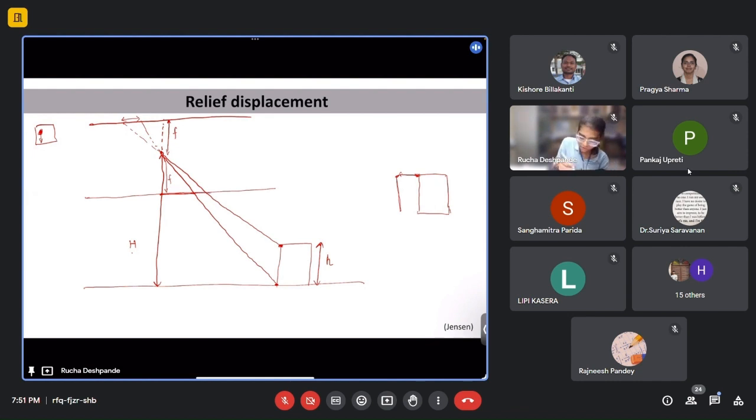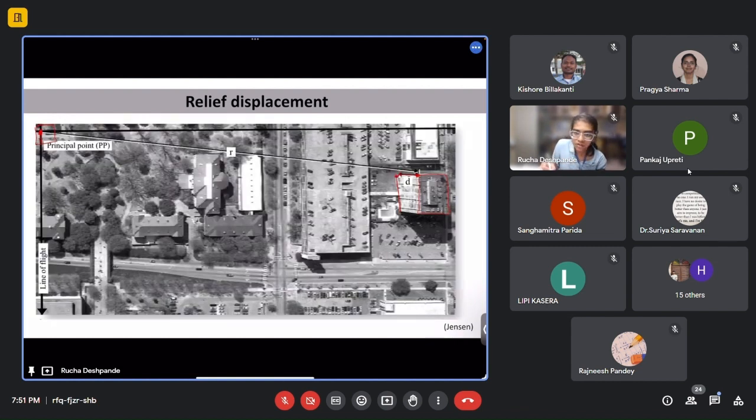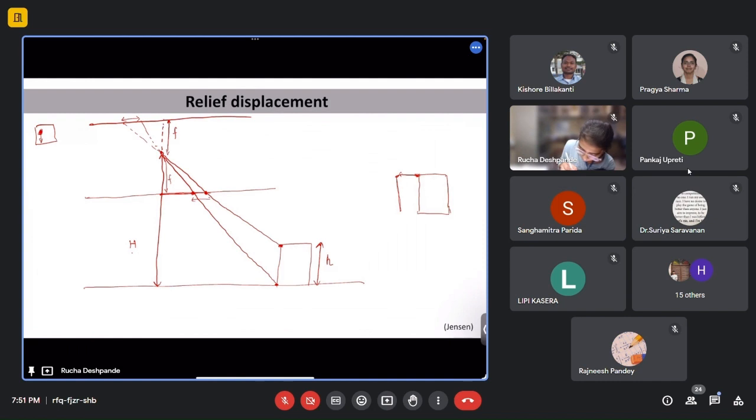On the positive plane, these are the 2 points which we were looking at. Alright, so this is D, and this is R. It's this distance.